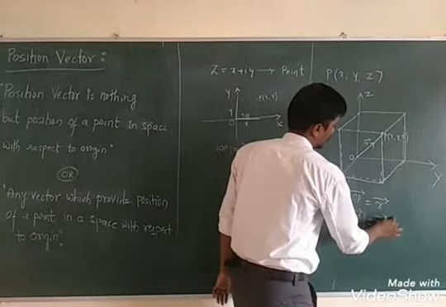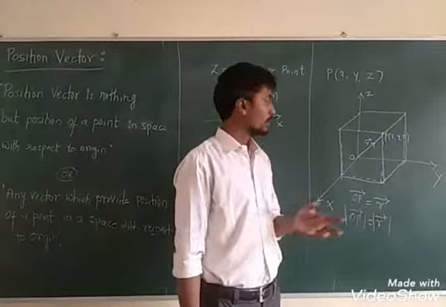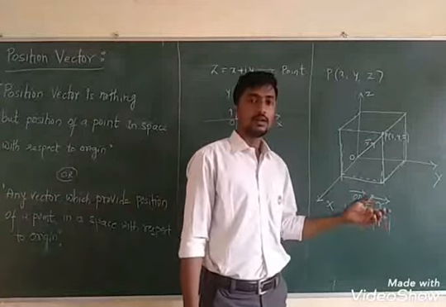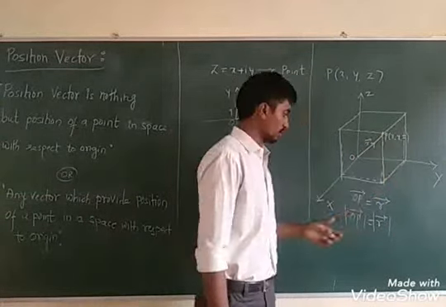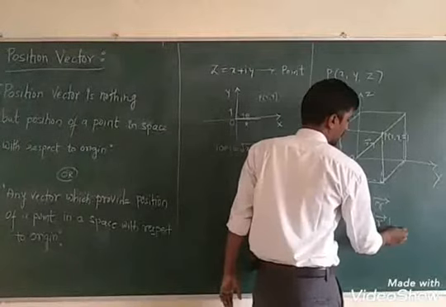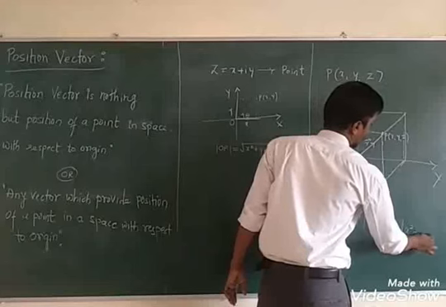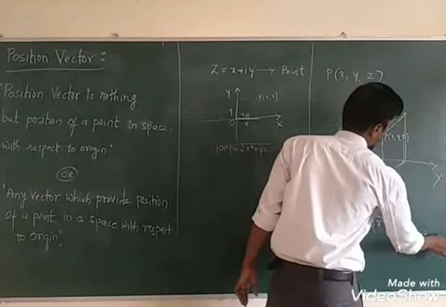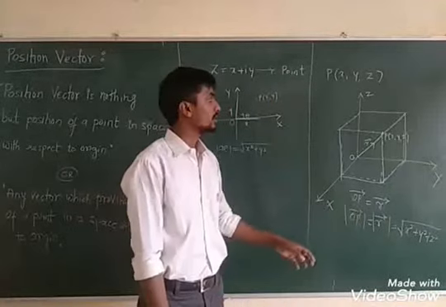We know what is meant by magnitude: it is the distance or the length of that vector quantity. So it is the distance between the origin and the point, which is the square root of x square plus y square plus z square. We have used just the distance formula here.